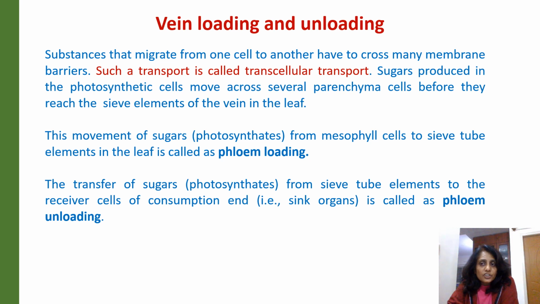So these sugars produced in the photosynthetic cells have to move through several parenchyma cells before they reach the sieve elements of the vein in the leaf. This movement of sugars or photosynthates from mesophyll cells to sieve tube elements in the leaf is called phloem loading.